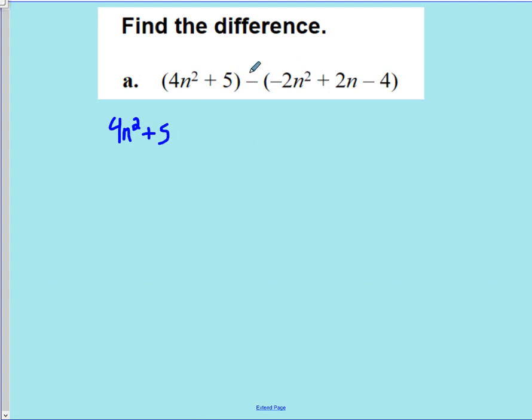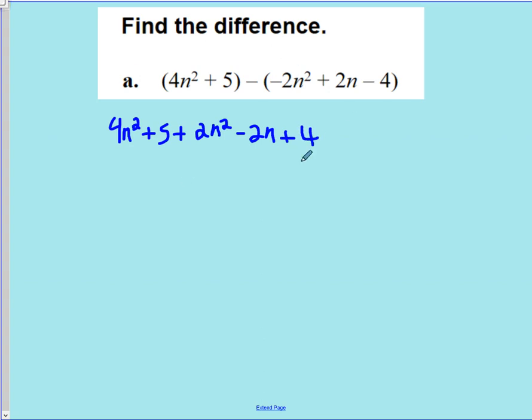So negative times negative 2n squared is going to become positive 2n squared. Negative times positive 2n is going to become negative 2n. And then negative times negative 4 is going to become positive 4.